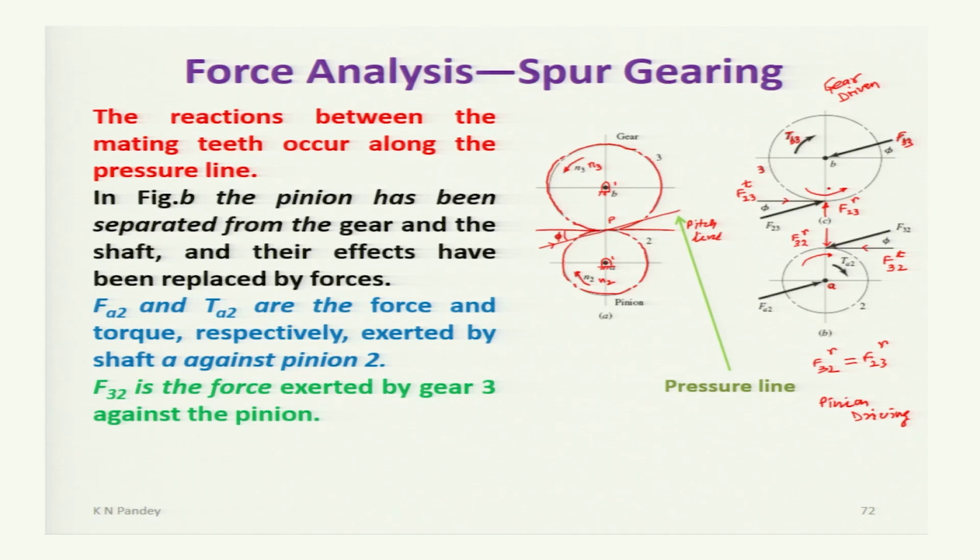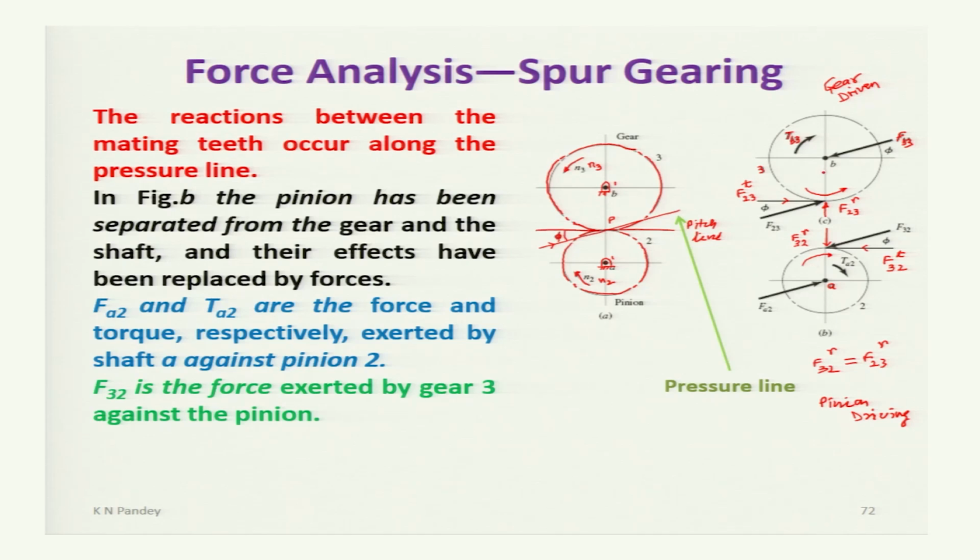So as a general rule to determine the tangential load on the driving gear and on the driven gear: on the driving gear, the tangential force will act tangent to the pitch circle but opposite to the direction of rotation of the driving gear.